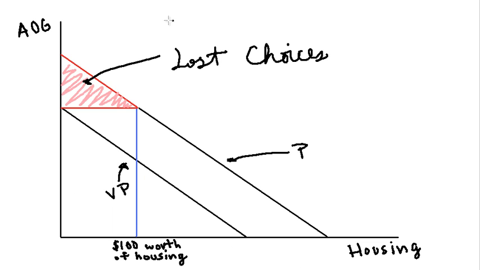So to clean it up a bit, what we're losing out on is this red area when we get the housing voucher as opposed to $100 in cash. So because we have fewer choices in the case where we receive the housing voucher, we assume that the poor family is better off by taking $100 in cash.